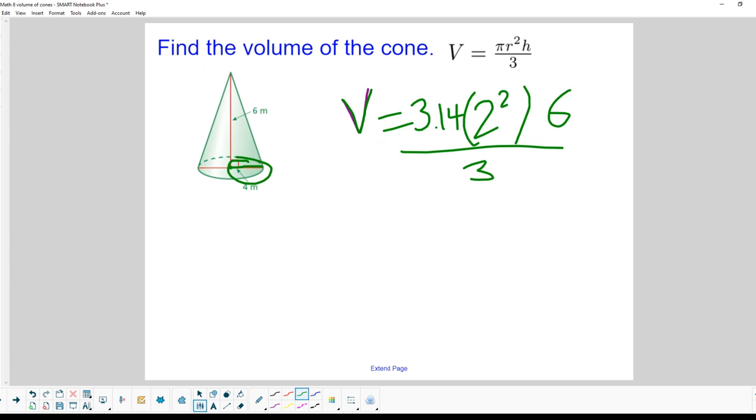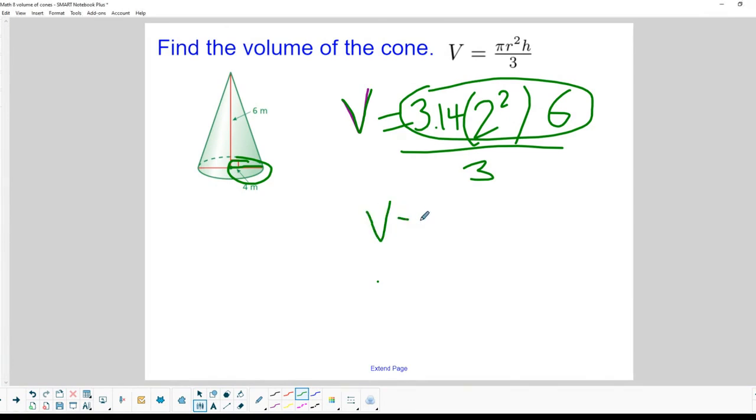Okay, here we go. So get our calculator. 3.14 times 2 squared times 6, and then I'm going to hit equal. So I've calculated the entire top right here. And then I'm going to divide that by 3, and I end up with a number of 25.12.